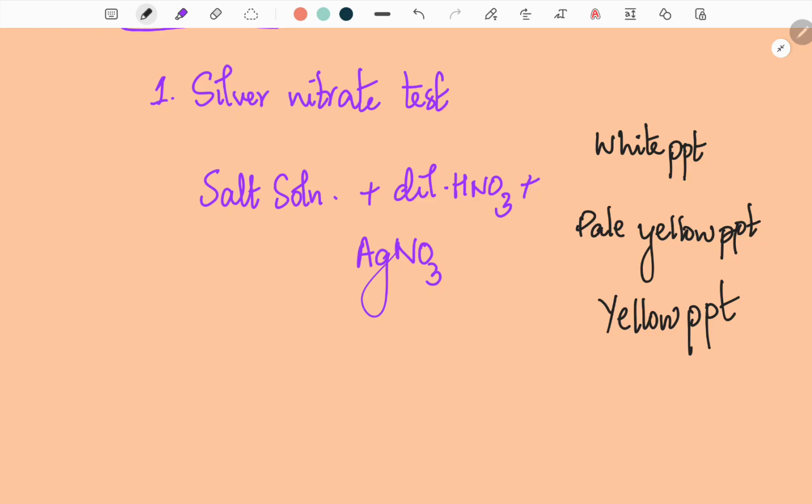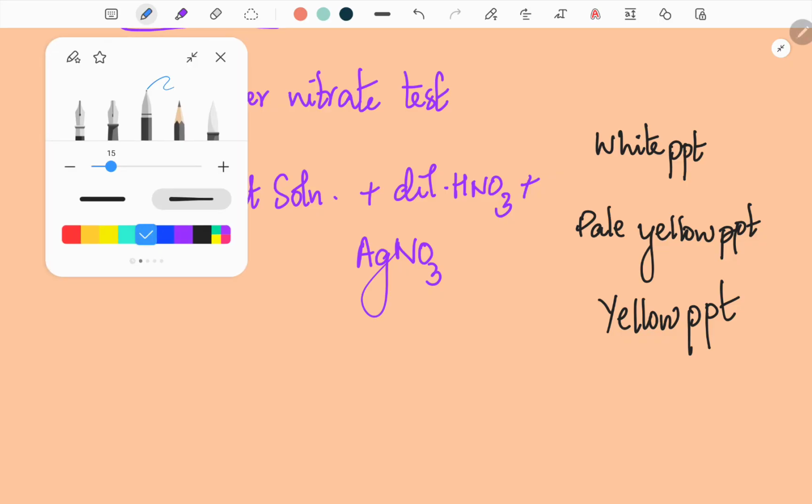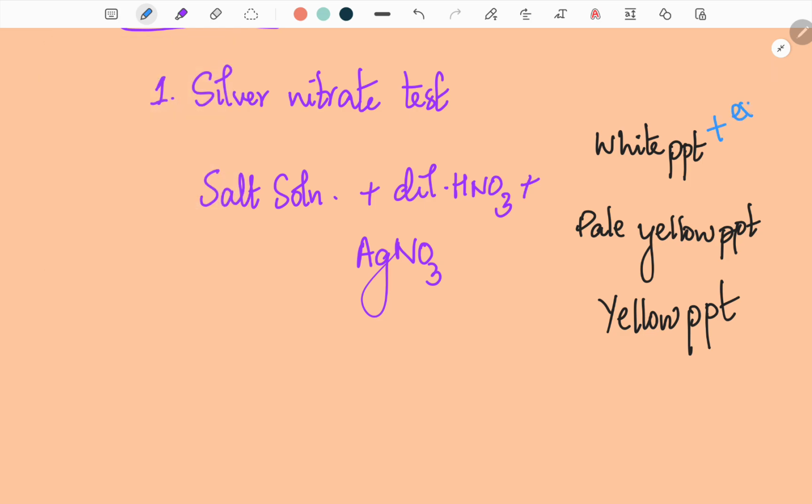Now, if these three precipitates are obtained, any one of these is obtained, then you have to first add excess amount of NH4OH, excess ammonium hydroxide. You need to add excess ammonium hydroxide to all of them, and when you're adding it, you need to look at the solubility.